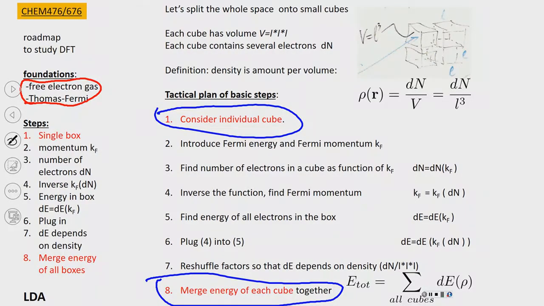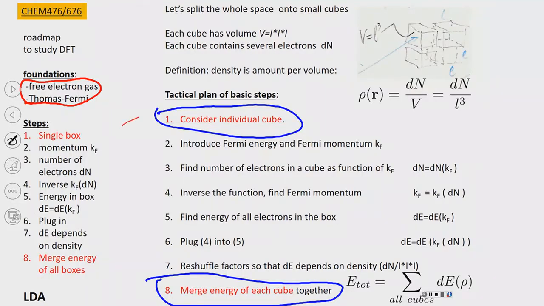Fortunately or unfortunately, we are not the first who are doing it. It was done 90 years ago, in 1928, by Thomas and Fermi. And then people forgot about it for about 40 years, and then started coming back after the computers were sort of designed.